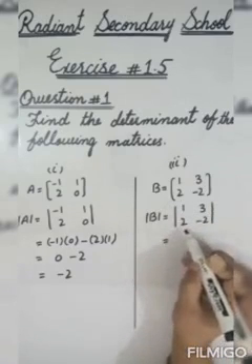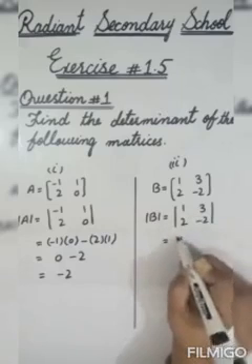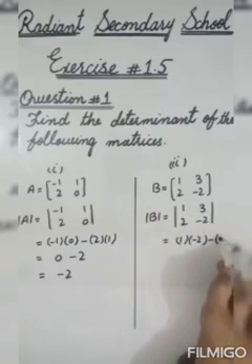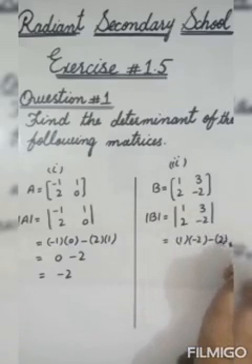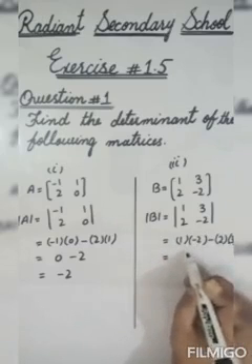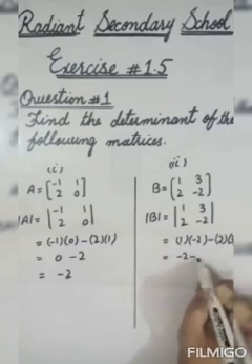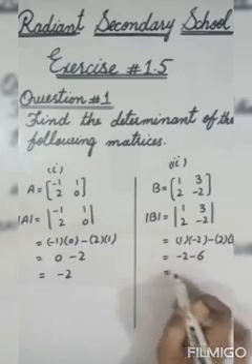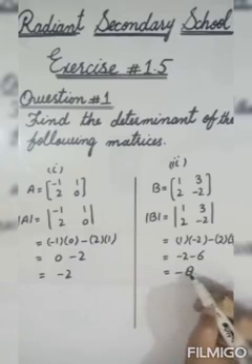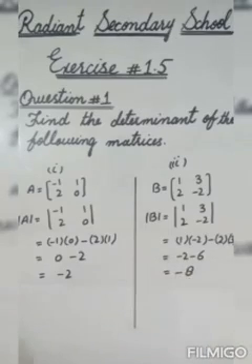By solving, it is equal to 1 into minus 2 minus 2 into 3. Minus 2 ones are minus 2, minus 3 twos are 6. By adding, it is equal to minus 8. The determinant of the matrix B is equal to minus 8.